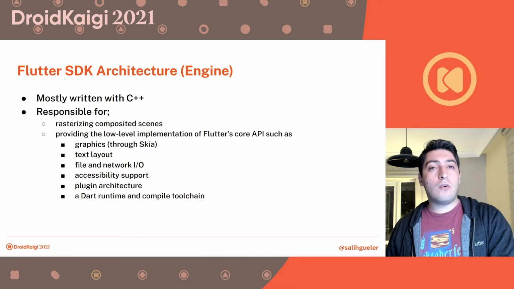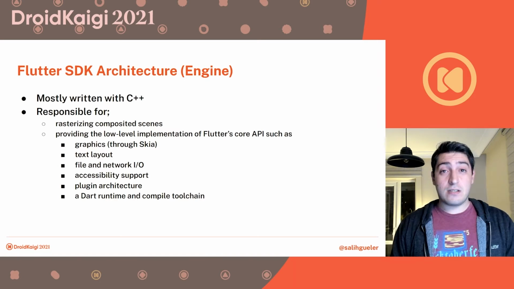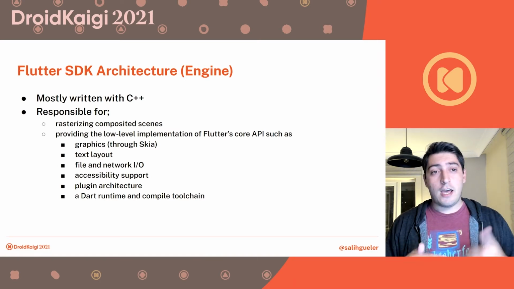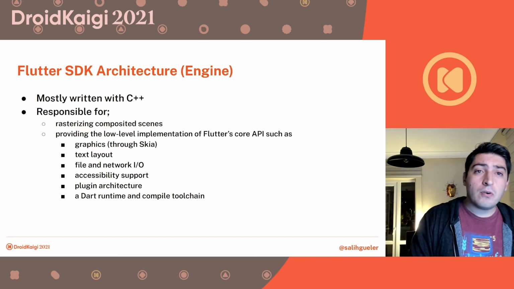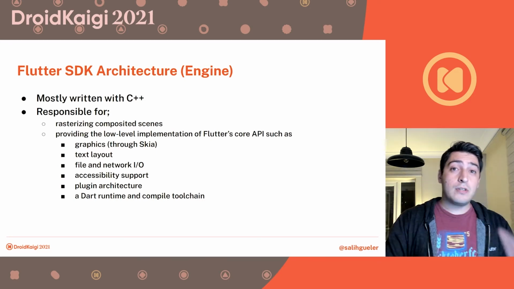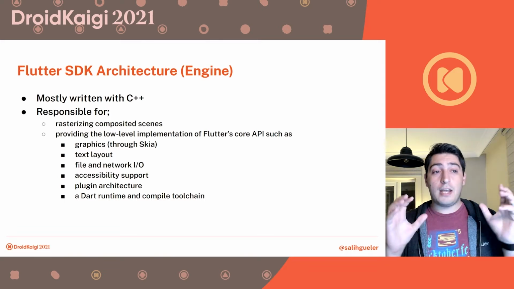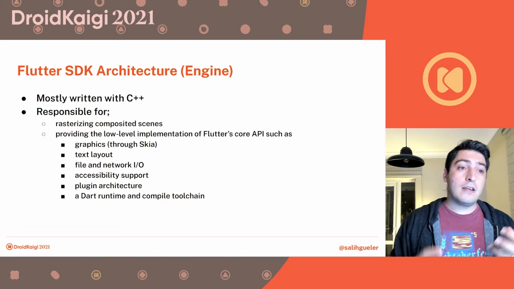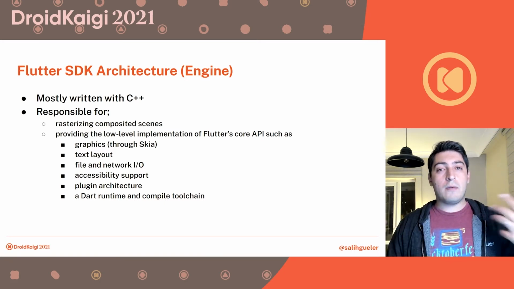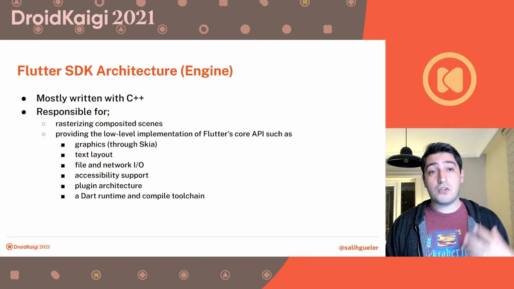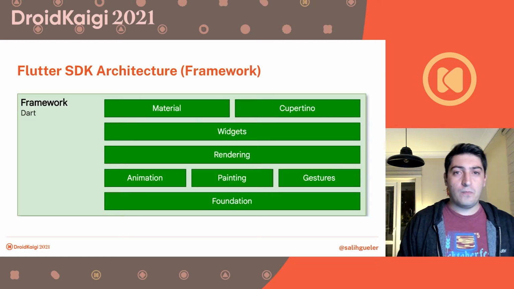You can see it in Android, you can see it on web, and it is the same for Flutter as well. And this heavyweight has been lifted off here. And file and network operations, the accessibility support that has been delivered from the embedder, and everything like plugin architectures and Dart runtime is happening here. So most of the heavy work that is making Flutter special is actually happening here.